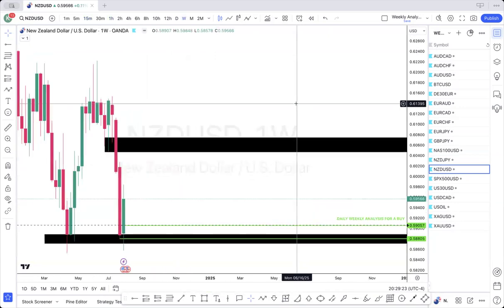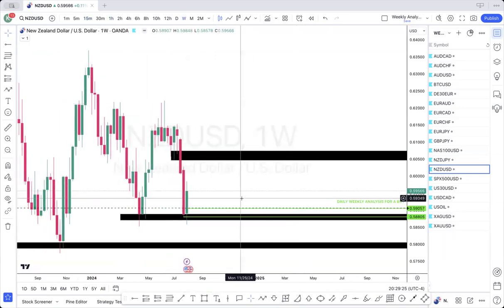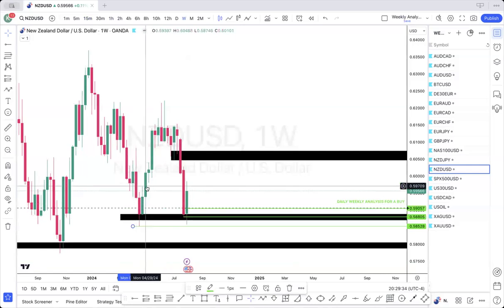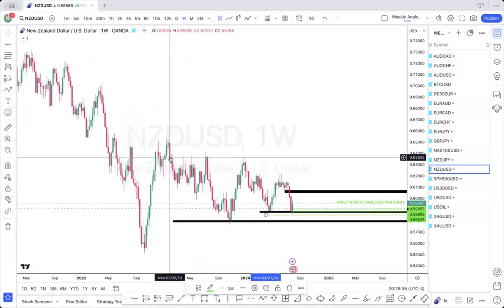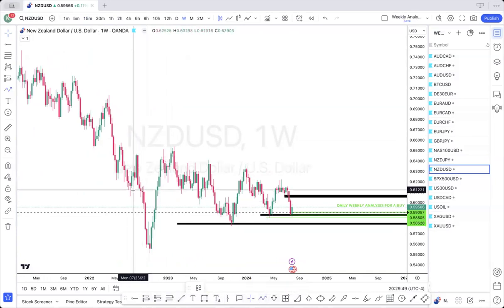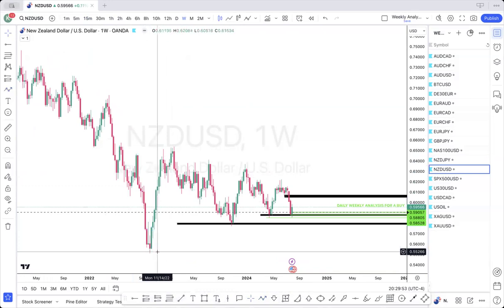Okay. NZD USD. Weekly, we have, see, this is the low. Price is at a key level. This was a zone that reacted, right? If we look at our last major higher time frame swing, which was here, right?